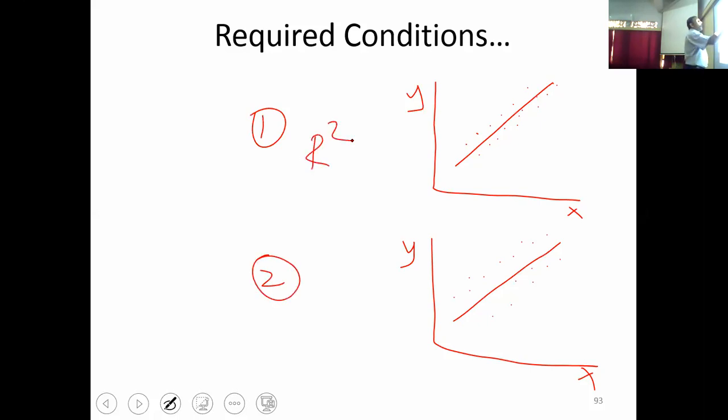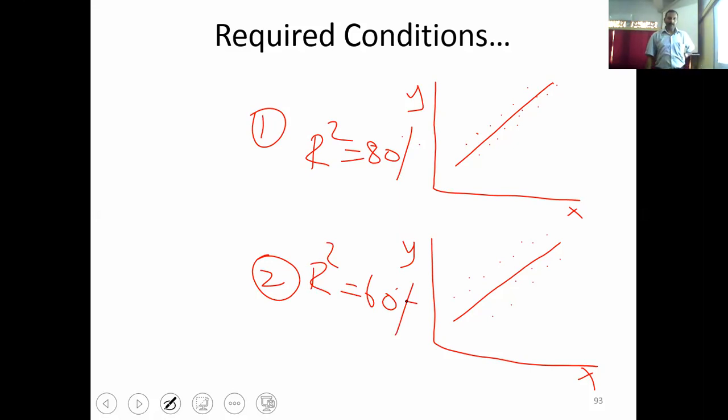Here I have R square equal to 80%. Here I have R square equal to 60%. What can you say about these two models? Where is the model well fitted? Is it model 1 or model 2? Where is R square well fitted?